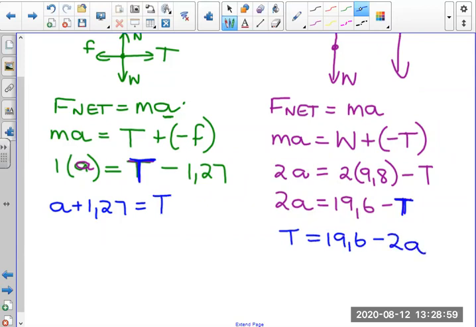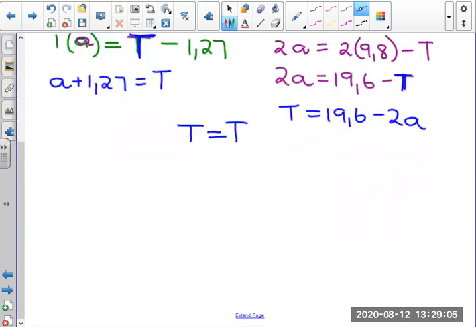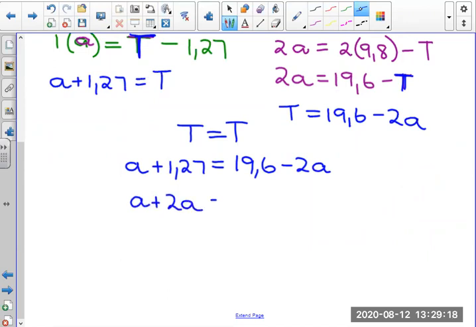And what can I do now? I can say, but I know tension equals tension. It's the same thing. So A plus 1,27 equals 19,6 minus 2A. And now I get the acceleration, the unknown, on the one side, and then I have 19,6 minus the 1,27.